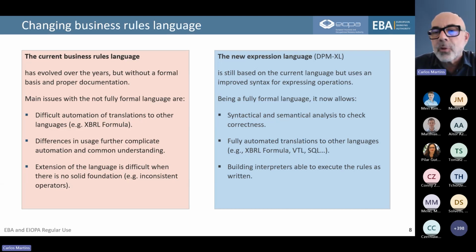We can have fully automated translation to other languages. Again, XBRL formula, but also other languages like VTL or SQL or whatever. And it's much easier now to build interpreters that can execute the rules as written. So this is actually something that can be machine executable.